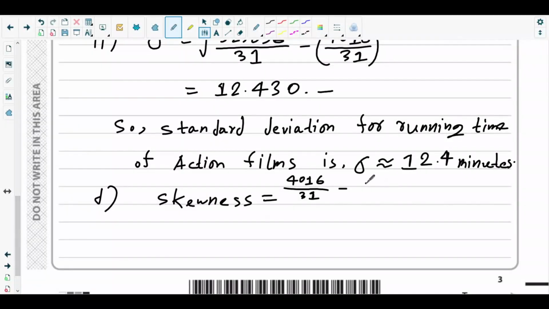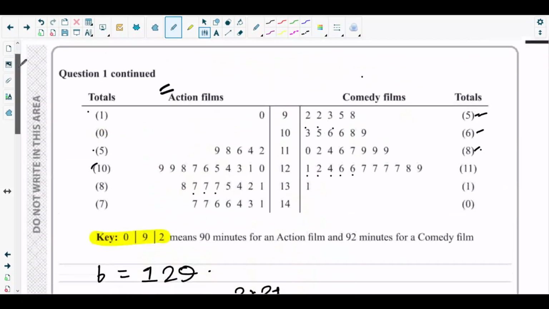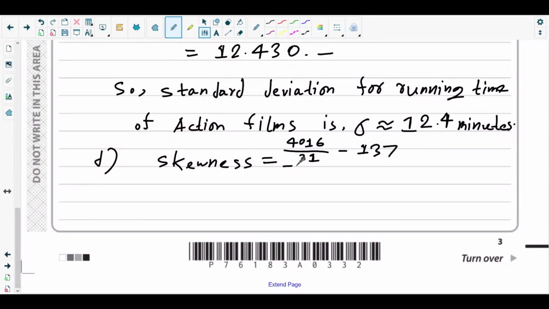So minus 137. Is it 137? Okay, 137 exactly. Over standard deviation. The standard deviation we got, the exact value was 12.43003311.